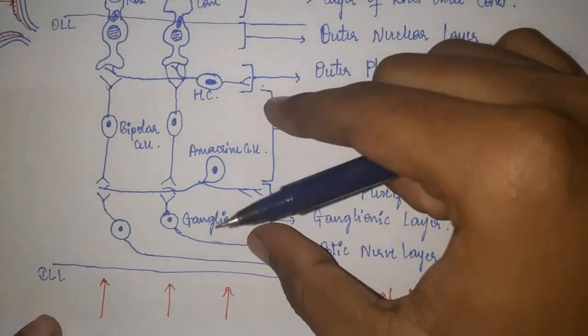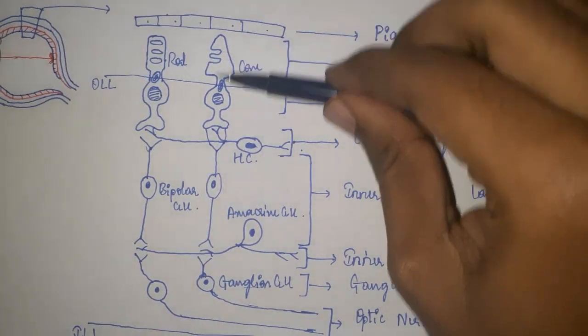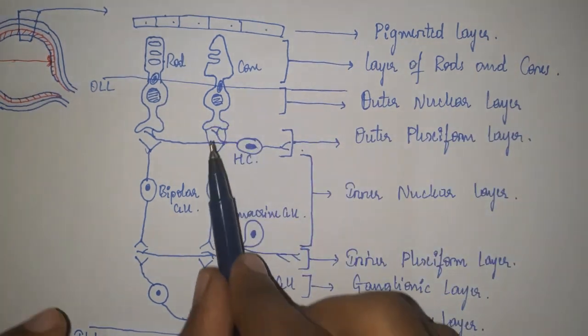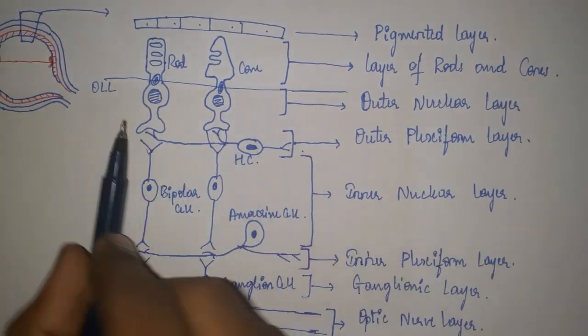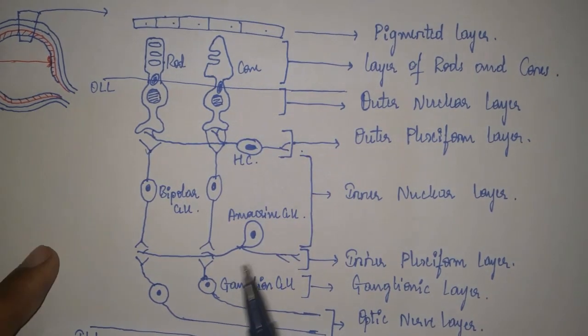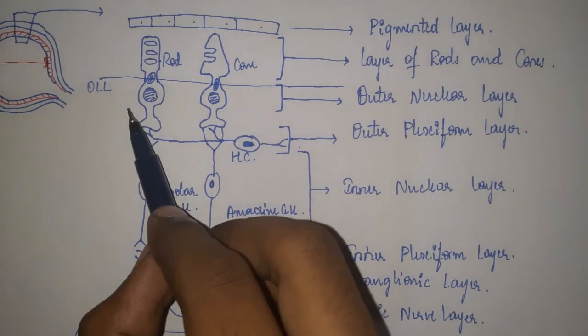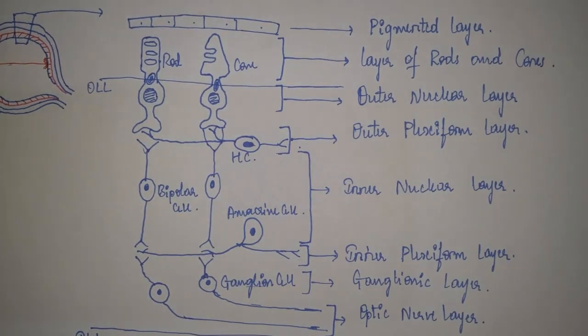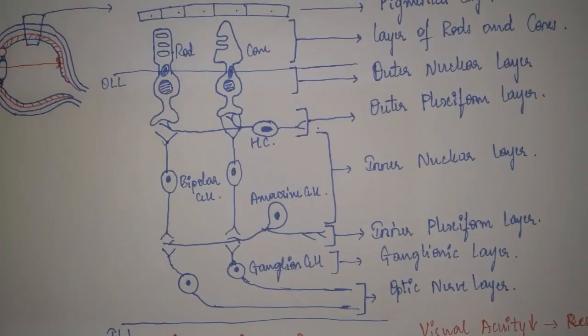See here, these layers are arranged on the rods and cones, right? But in the fovea, these layers are arranged at the sides so that the light falls on the rods and cones almost directly. This increases the visual acuity in the fovea.